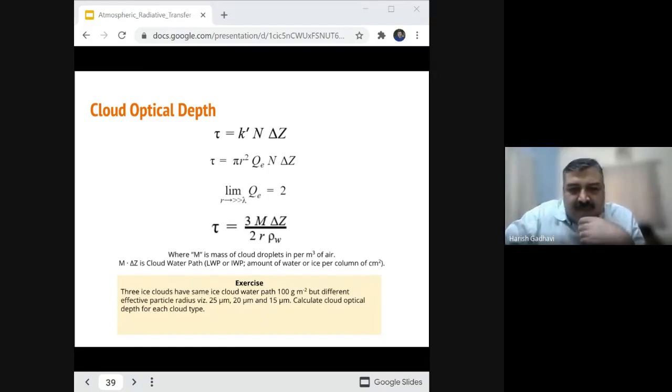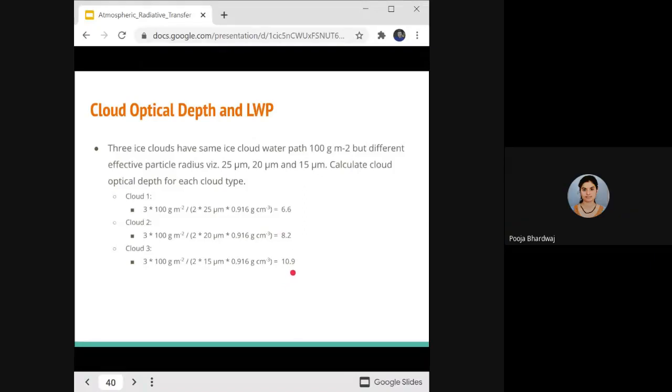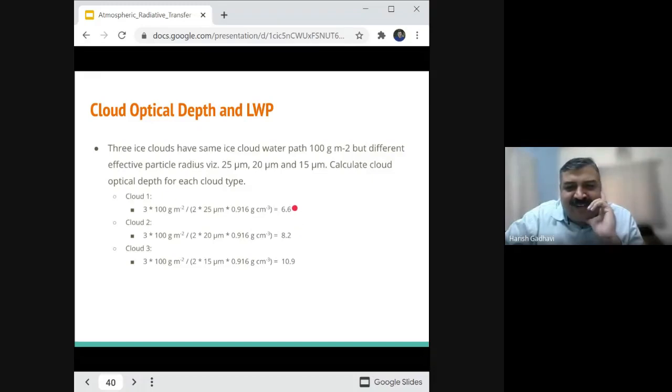Okay, so let us see what answer I have got. These are the answers I have listed here. Are you able to see the numbers? Yes, sir. Okay. Has anybody got an answer very different from this one?